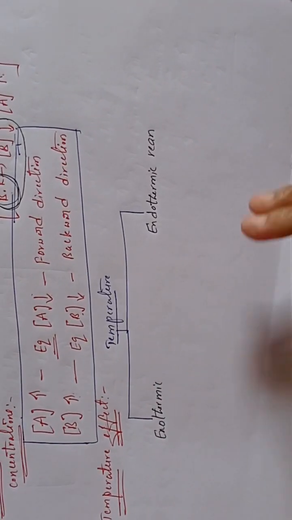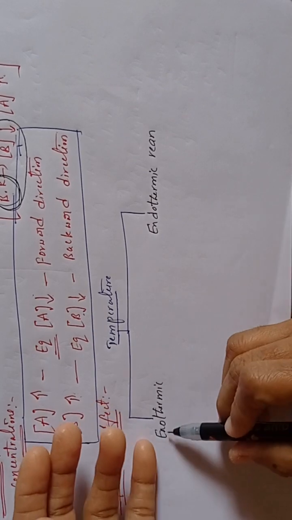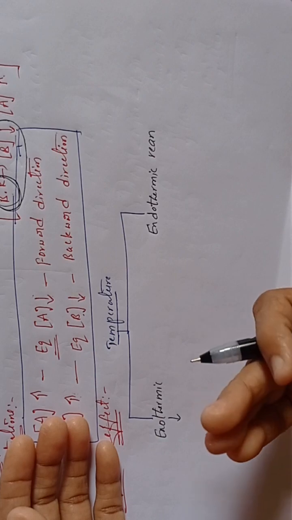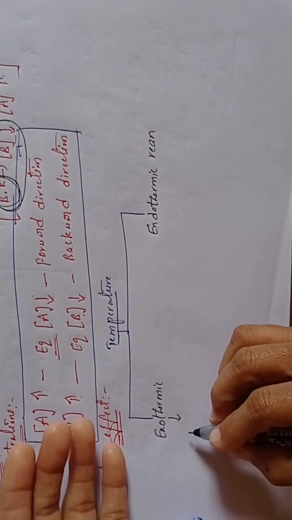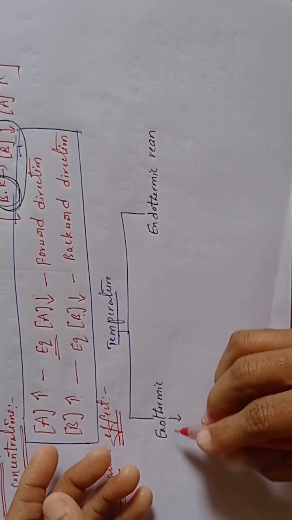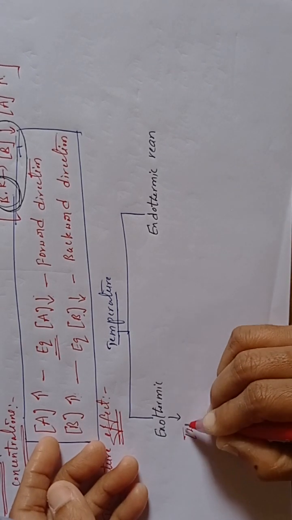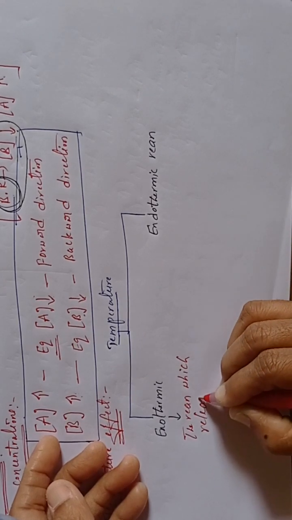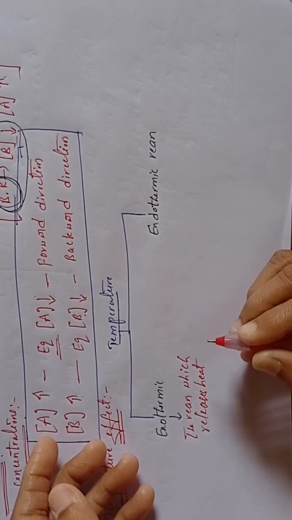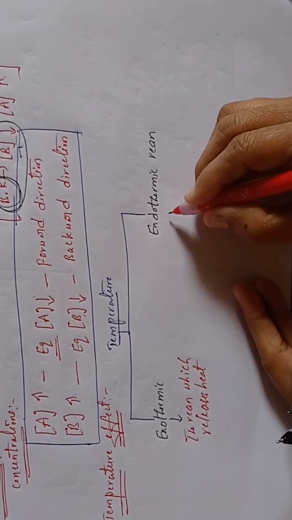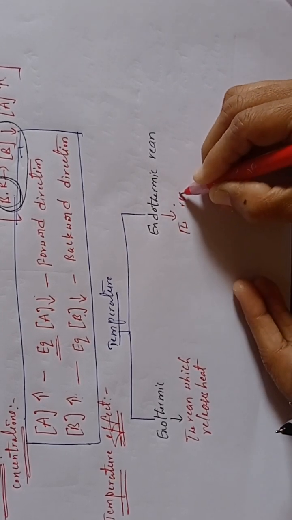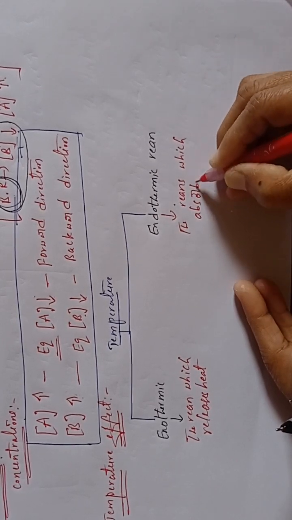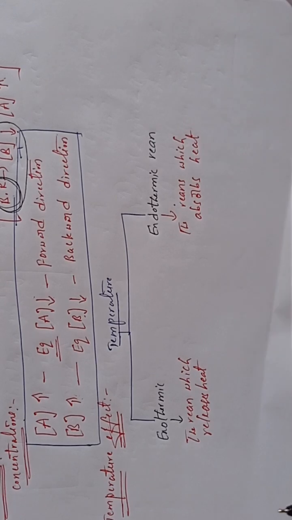Exothermic reaction means what? Exothermic means heat is released. Exo means releases, therm means heat. The reactions which release heat outside are exothermic reactions. And the reactions which absorb heat are endothermic reactions.